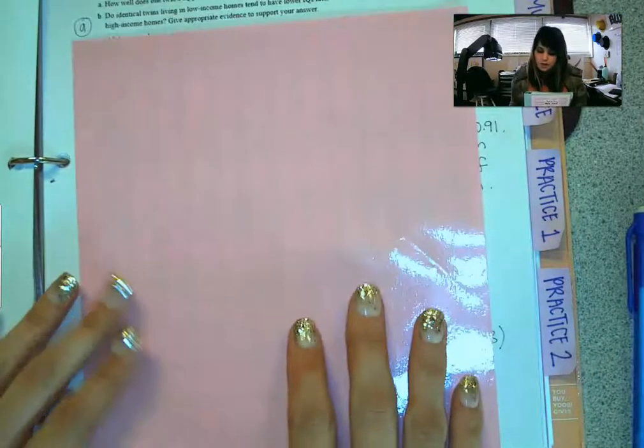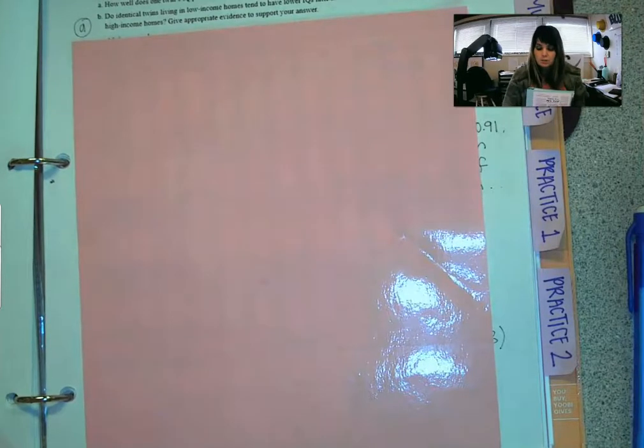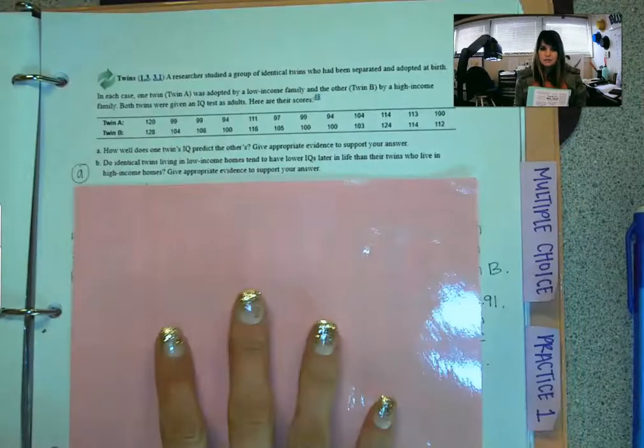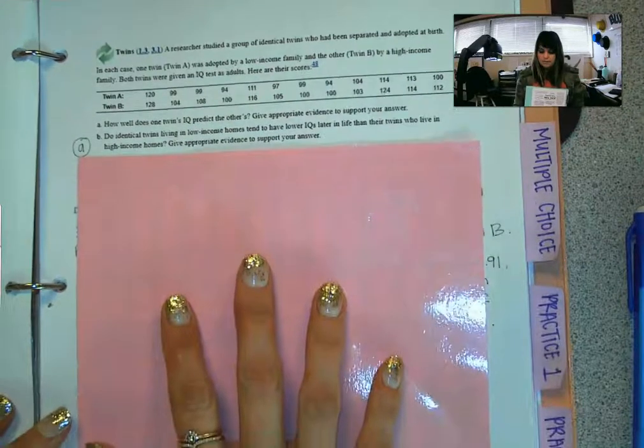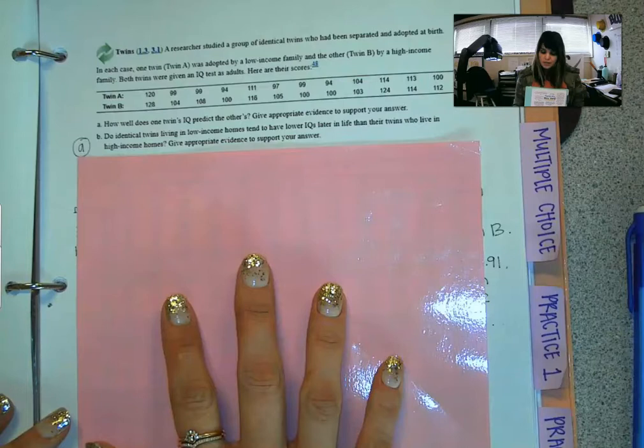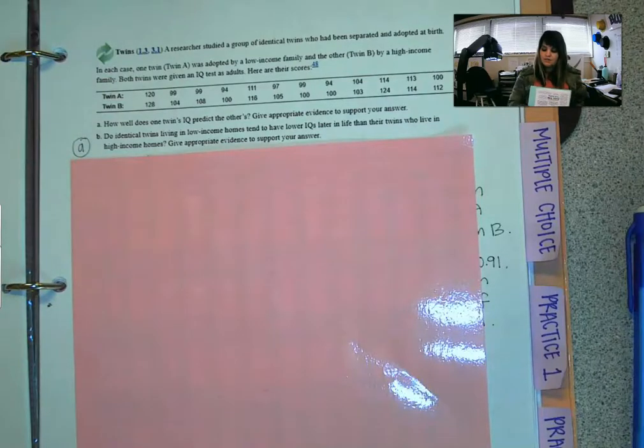Hallelujah. Okay, 1. How well does one twin's IQ predict the other? Give appropriate evidence. So you're going to want to make a scatter plot and find your R or your R squared. Do identical twins living in low-income homes tend to have lower IQs? Give appropriate evidence.